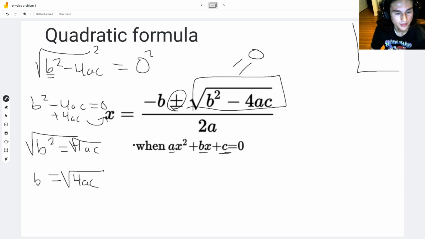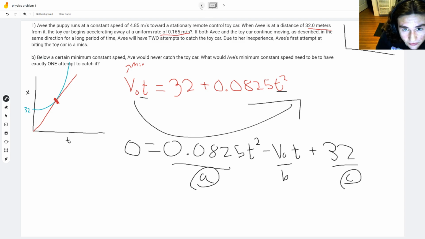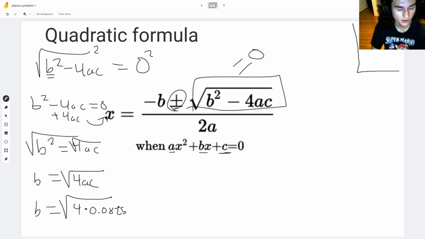So now we know our values of a and c. We have it in this equation right here. A is equal to 0.0825, and c is equal to 32. So I'm going to plug these back in, and we get b equals the square root of 4 times 0.0825 times 32.